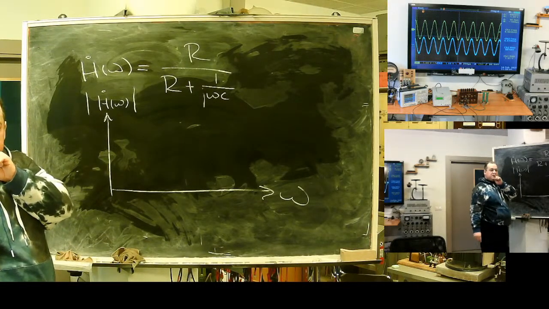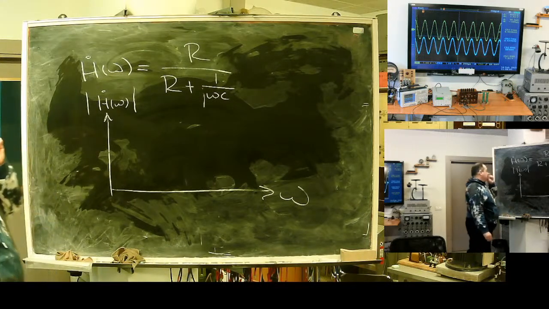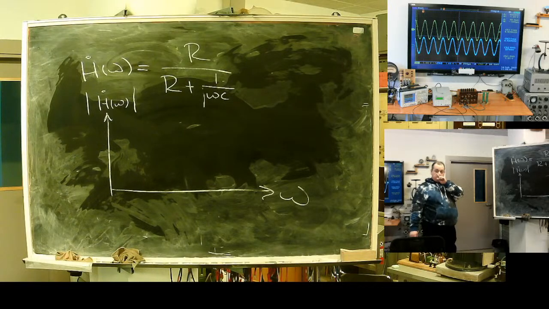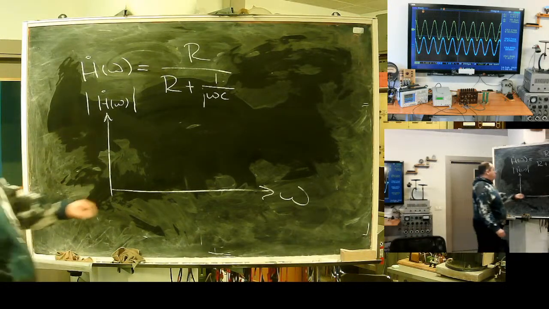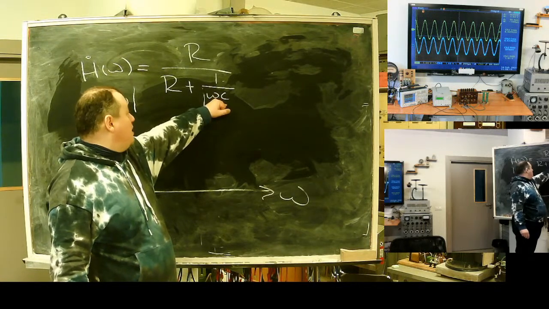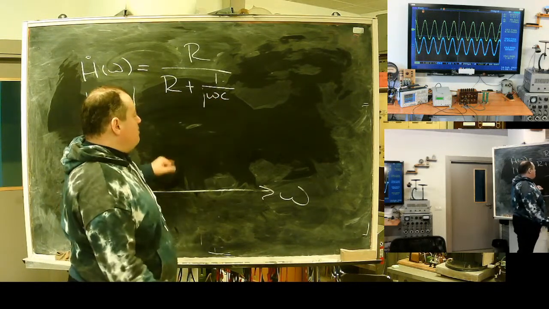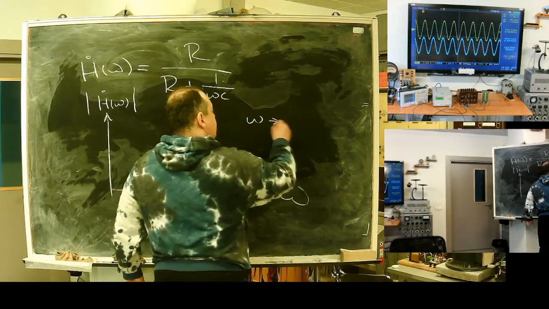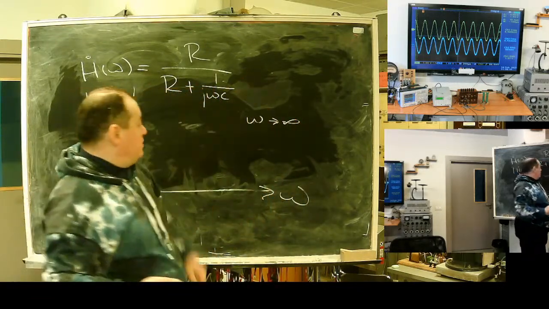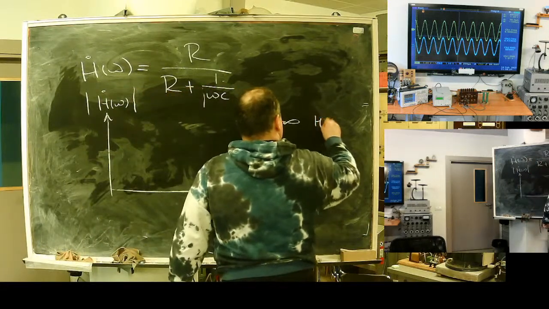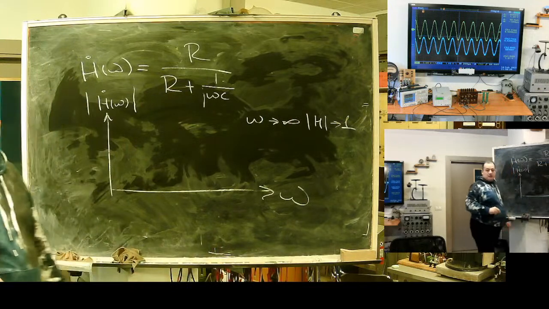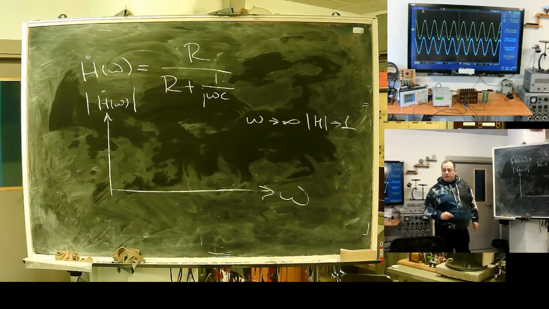What happens with the transfer function? This one becomes lesser and lesser, and in the limit, if the frequency goes to infinity, the transfer function modulus tends to 1.